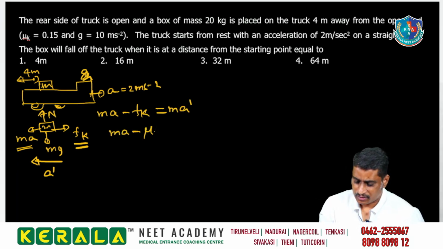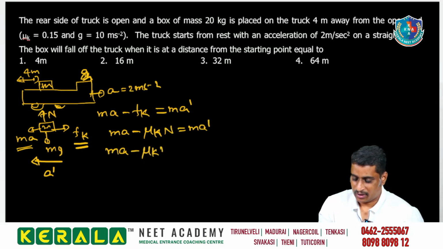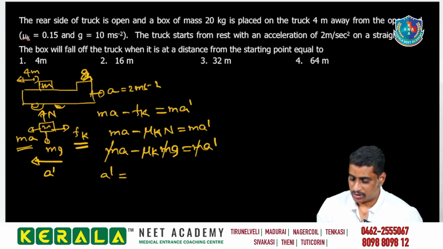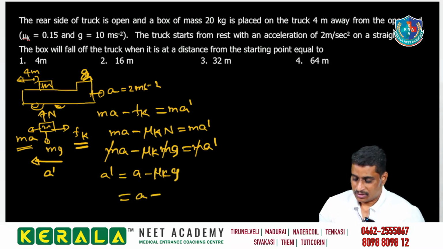Ma minus mu k into normal force will be equal to ma dash. Ma minus mu k into mg equals ma dash. You can eliminate m from the equation. So a dash will be equal to a minus mu k into g.